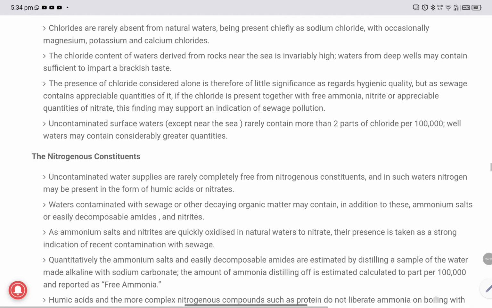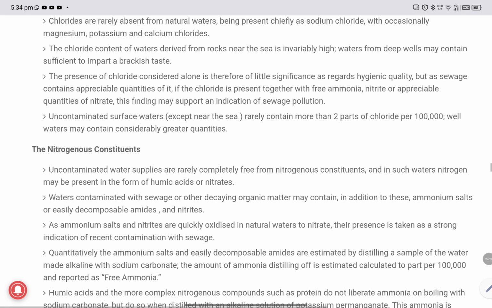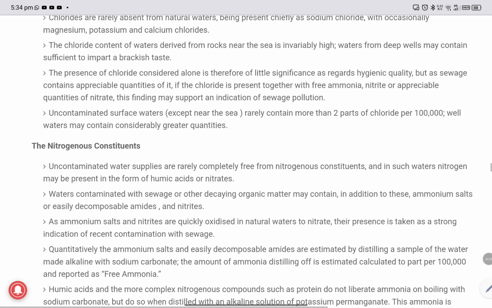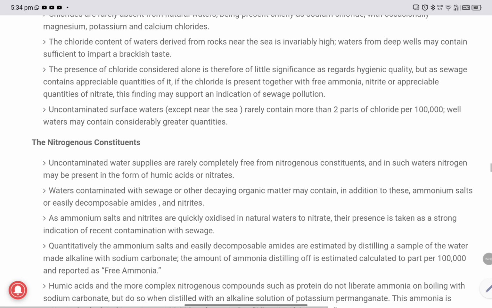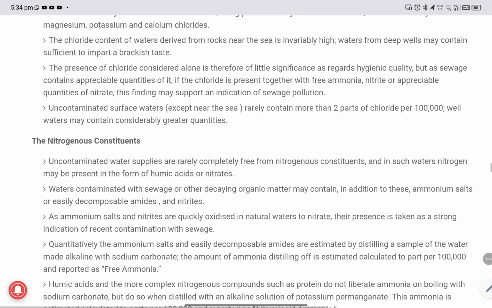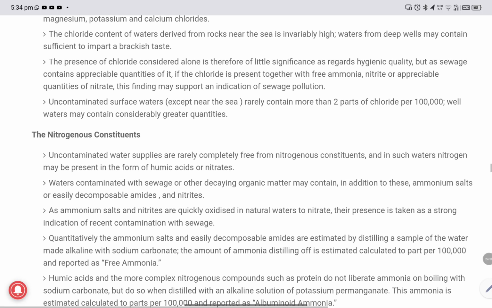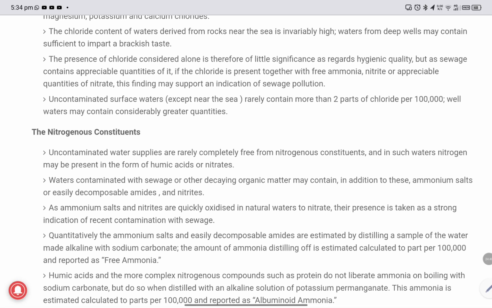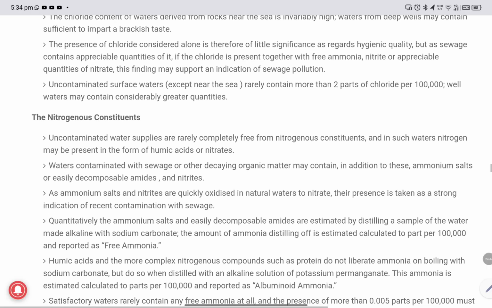The presence of chloride considered alone is therefore of little significance as regards hygienic quality, but as sewage contains appreciable quantities of it, if the chloride is present together with free ammonia, nitrite or appreciable quantities of nitrate, this finding may support an indication of sewage pollution.